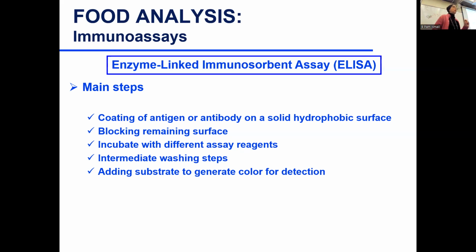Then what do I put next? Just antigen, right? Then I put my sample. I put my sample that may or may not contain my antigen. So I'm trying to detect, does my sample have the antigen or does it not? And if it does, how much of it is there? So I now put my sample on the top here.